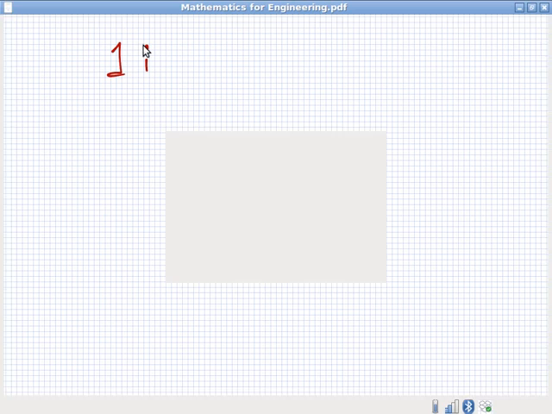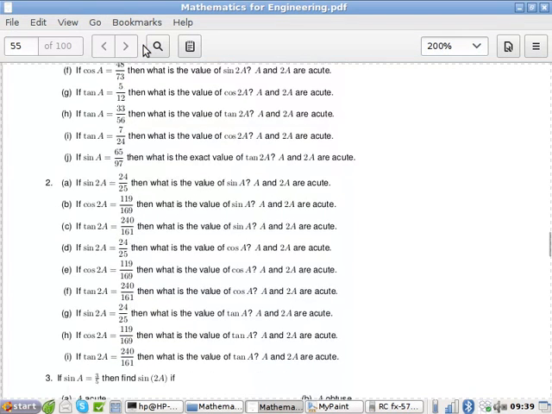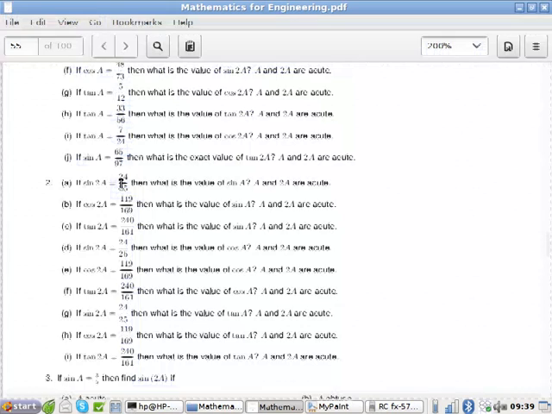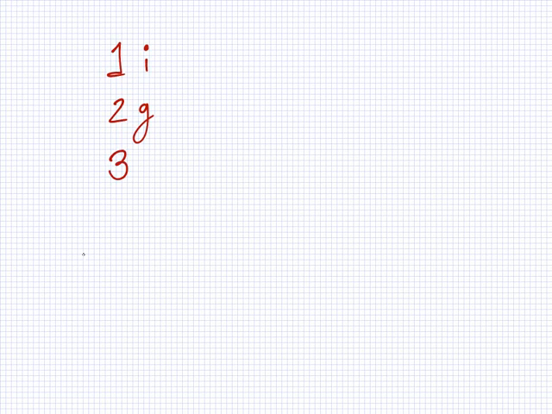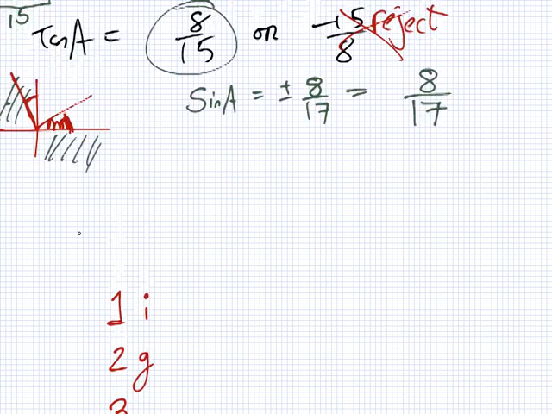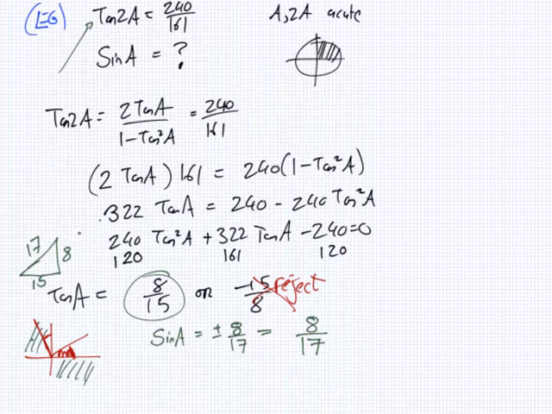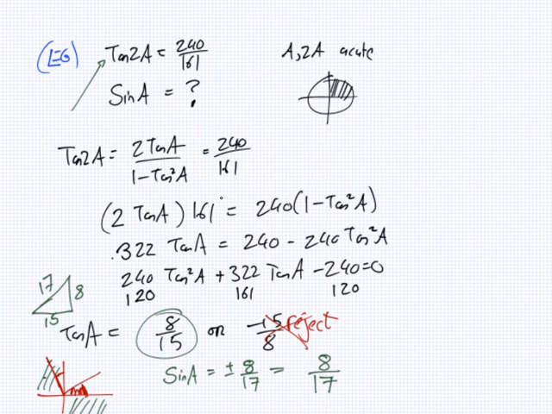So we'll go with 1I, and then 2G, and then 3. They won't take you that long to do because look, it only took me 1 screen to do it. I didn't have to zoom out to continue it. It's 1 screen. So it's not that long to do.